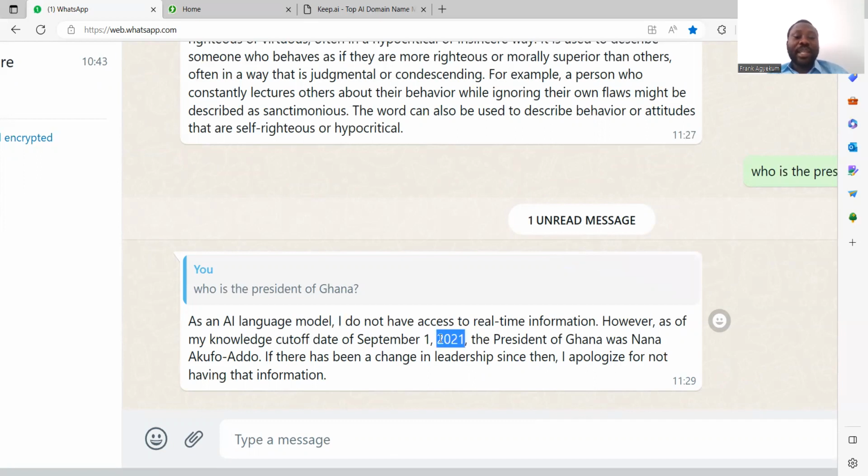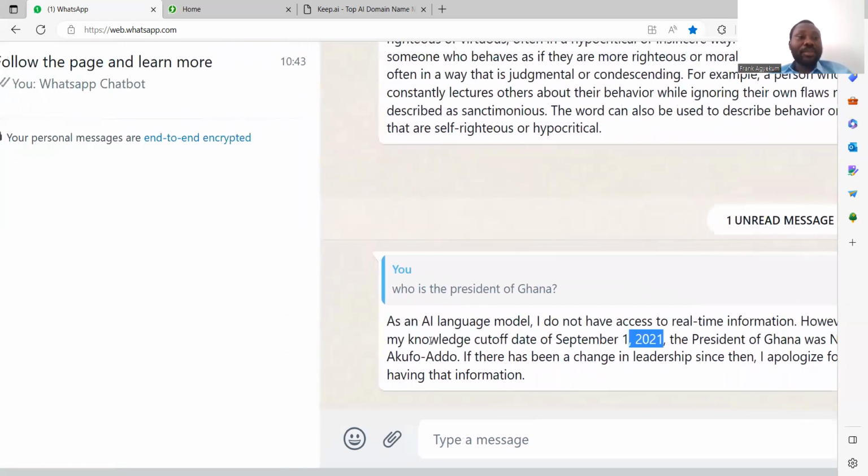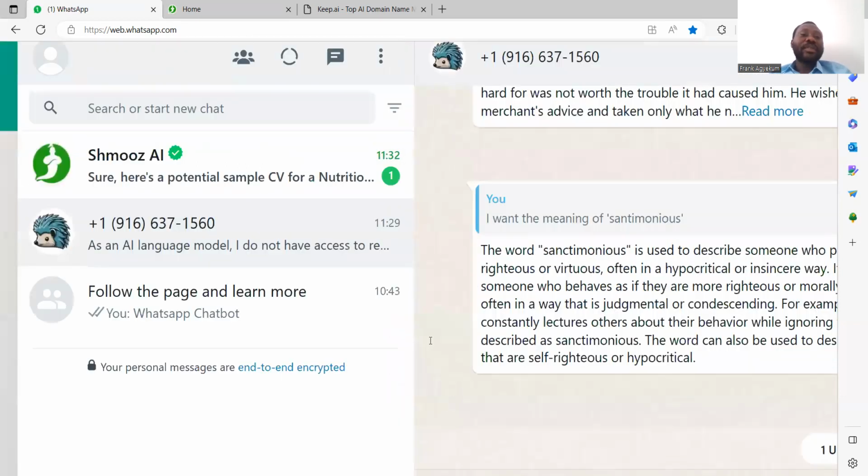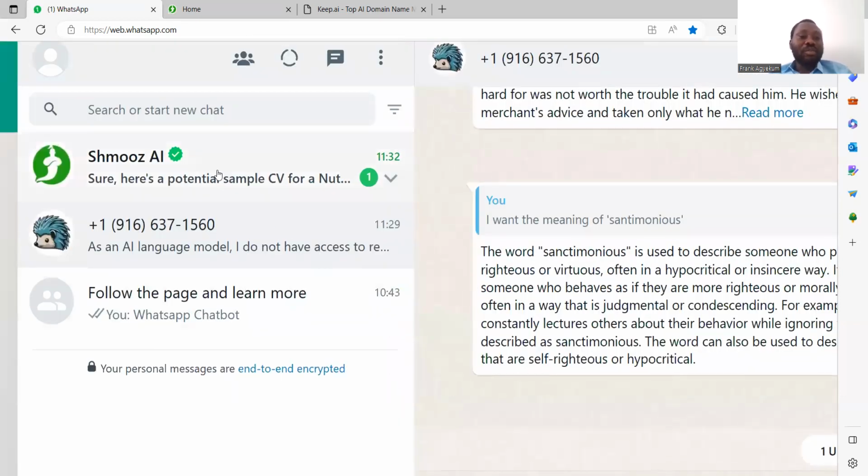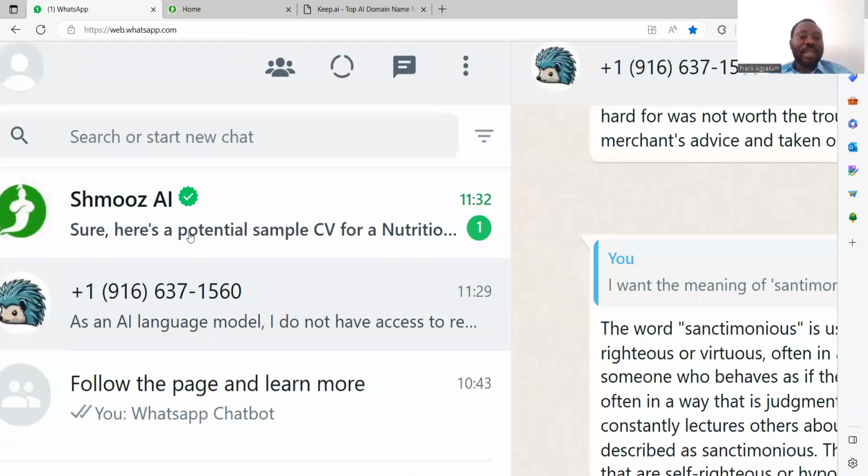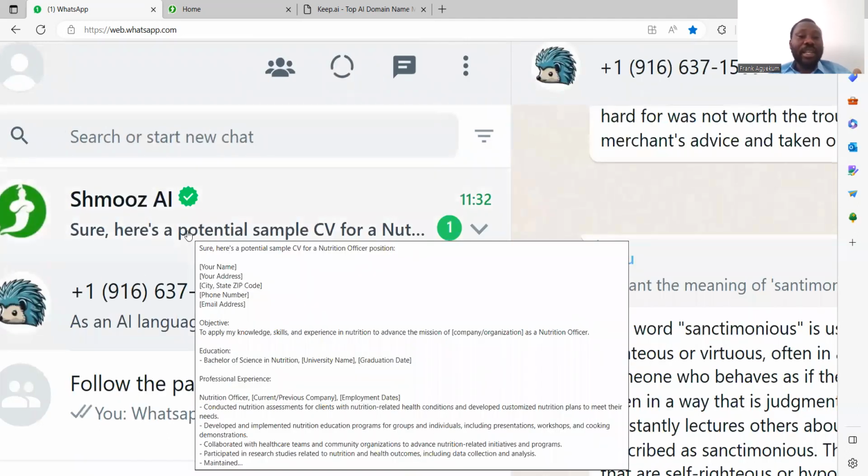Now, okay, so it uses the kind of information as at 2021, that is where the artificial intelligence has the information. And in fact, currently the president is still Nana Akufo-Addo. So that is a correct information from Keepi-ai. Very good. Now, Shmooz-ai has finished solving the CV.